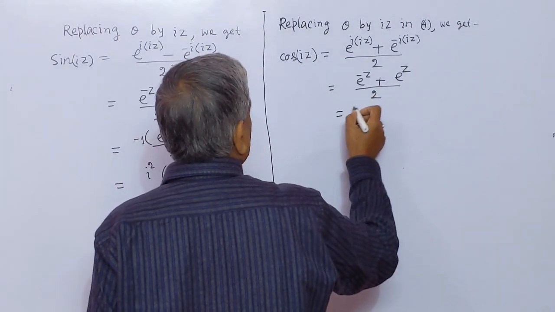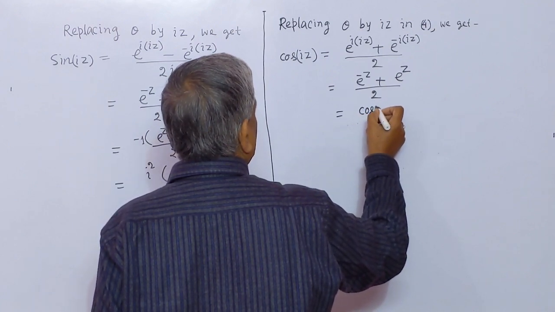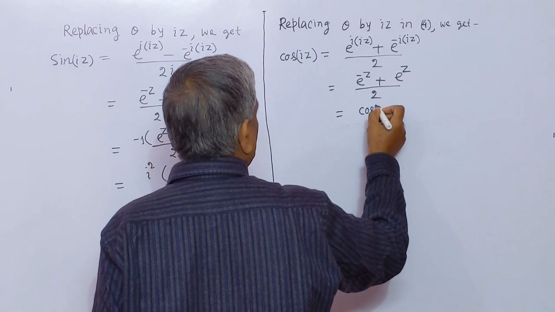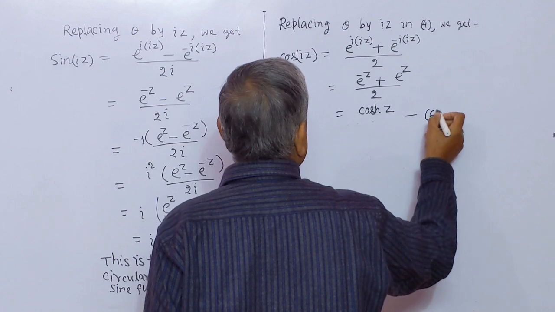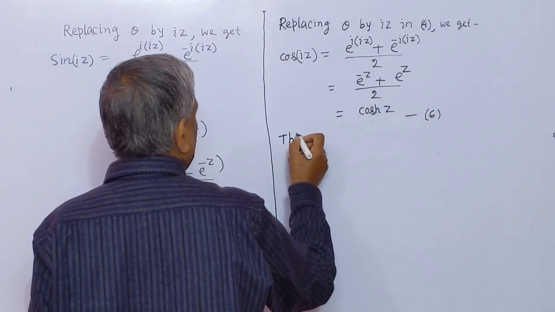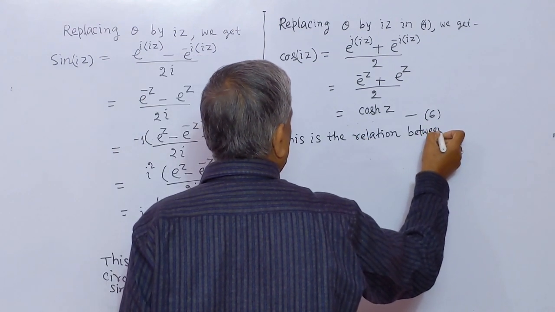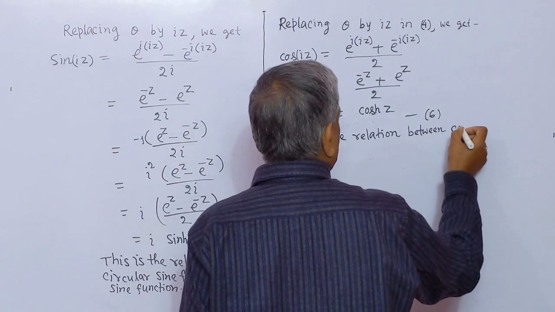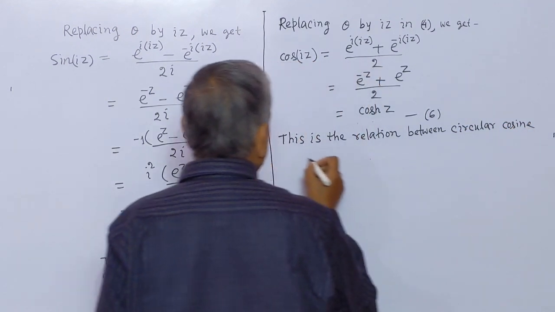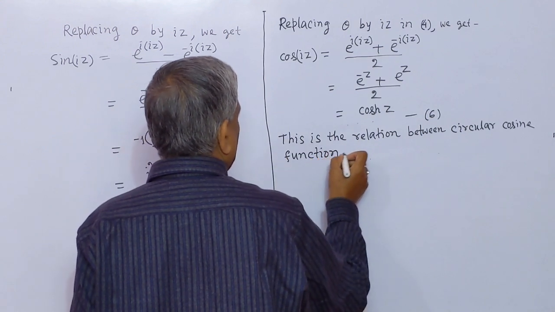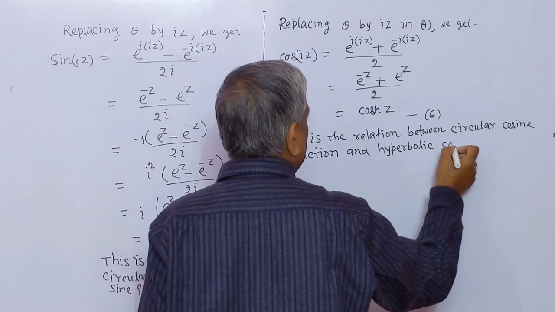So this is the hyperbolic cosine function of z, cosh z. This is number 6. This is the relation between circular cosine function and hyperbolic cosine function.